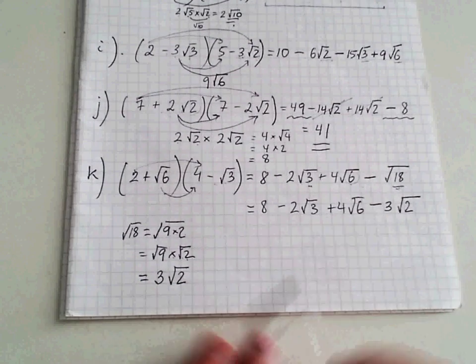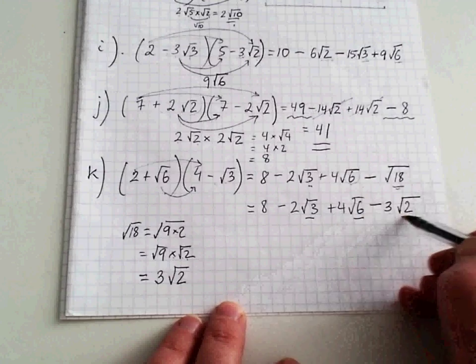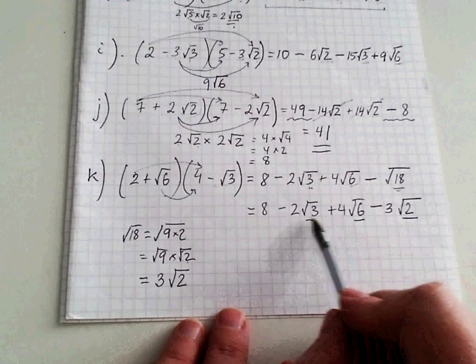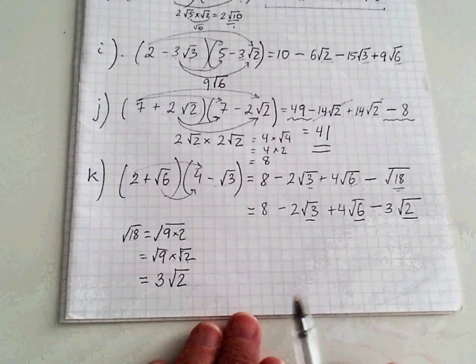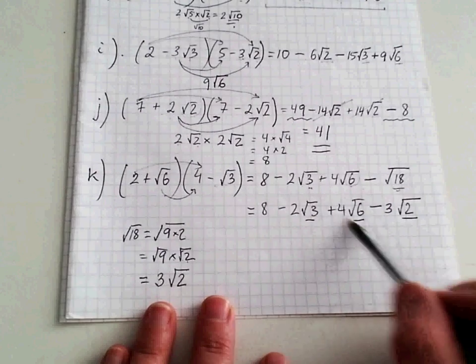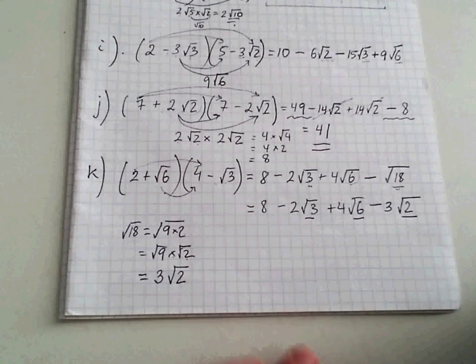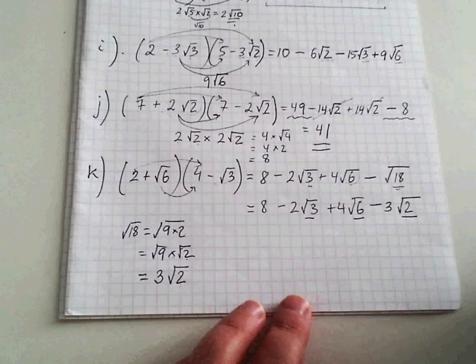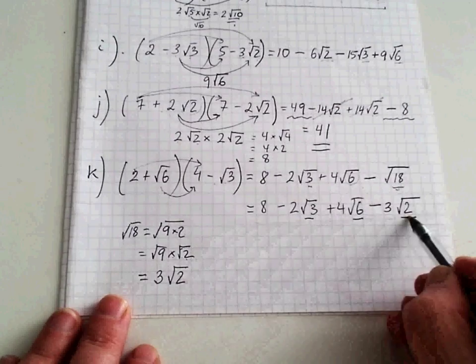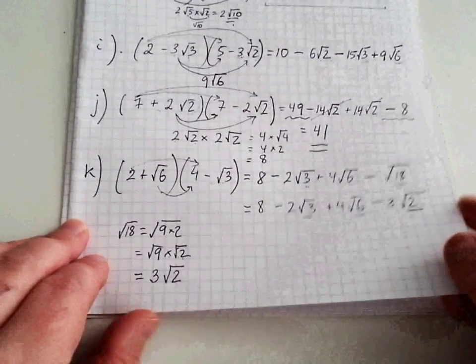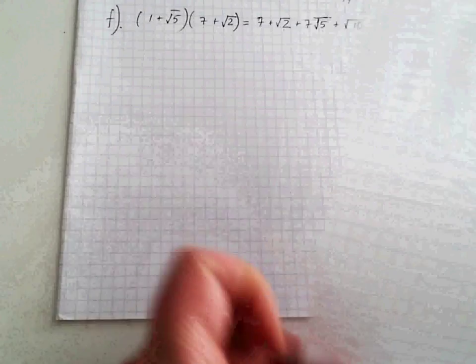Now let's see all the surds. Each surd is different. We can't add or subtract them because they are like different units. Therefore that is the final solution. We can't simplify this expression any further.